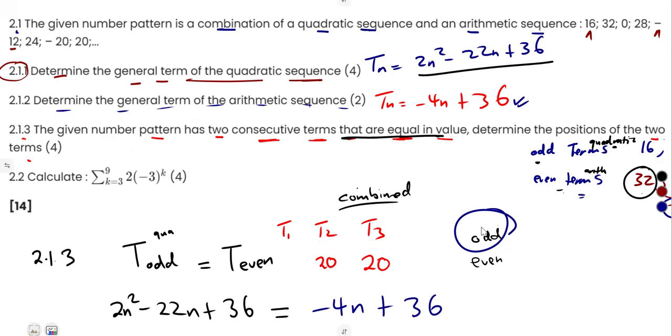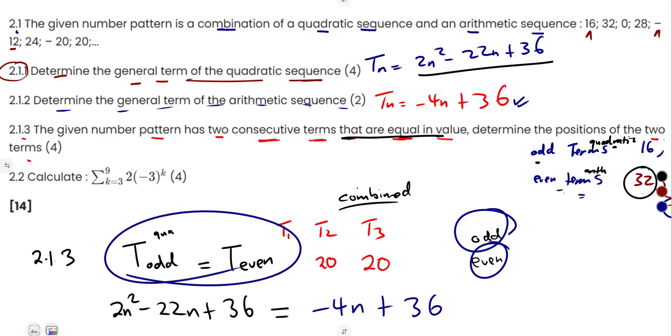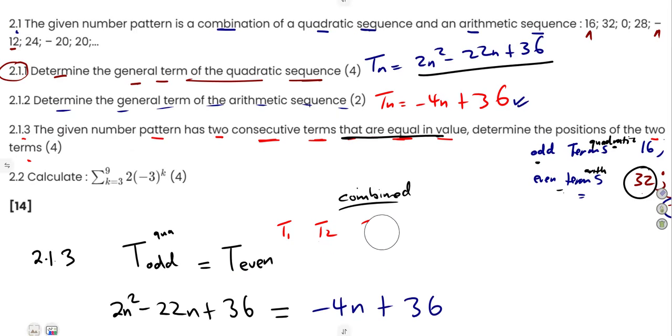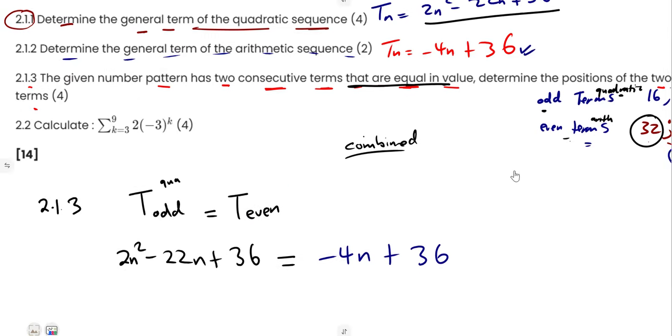The odd term in that sequence and the even term in that sequence, they are the ones that are equal. So you equate them. You are told that those two consecutive terms are equal at that moment. So you have formed an equation that you are going to use to solve for n.